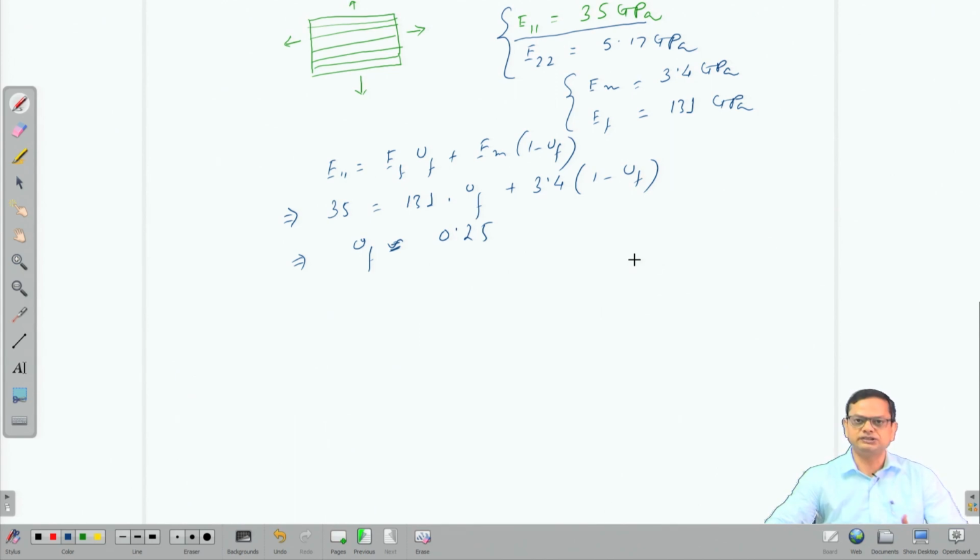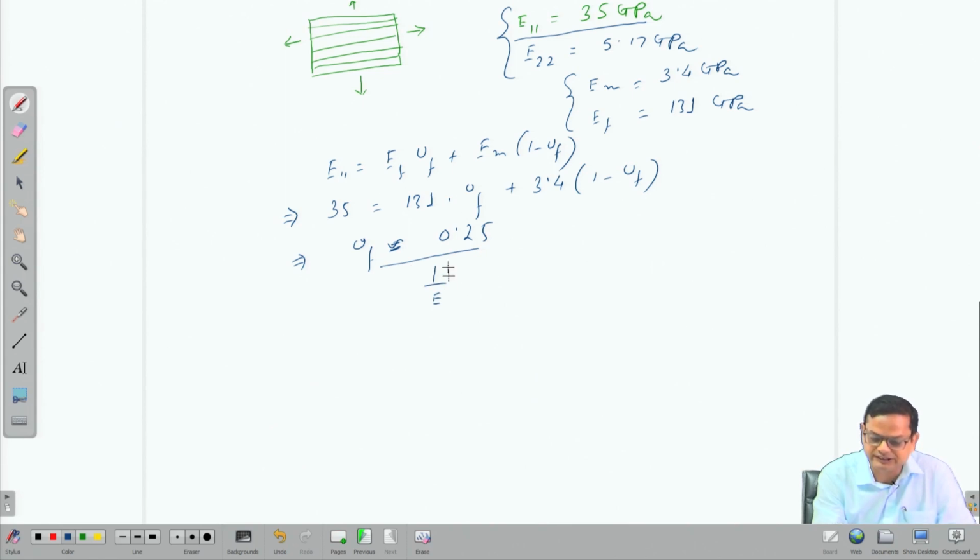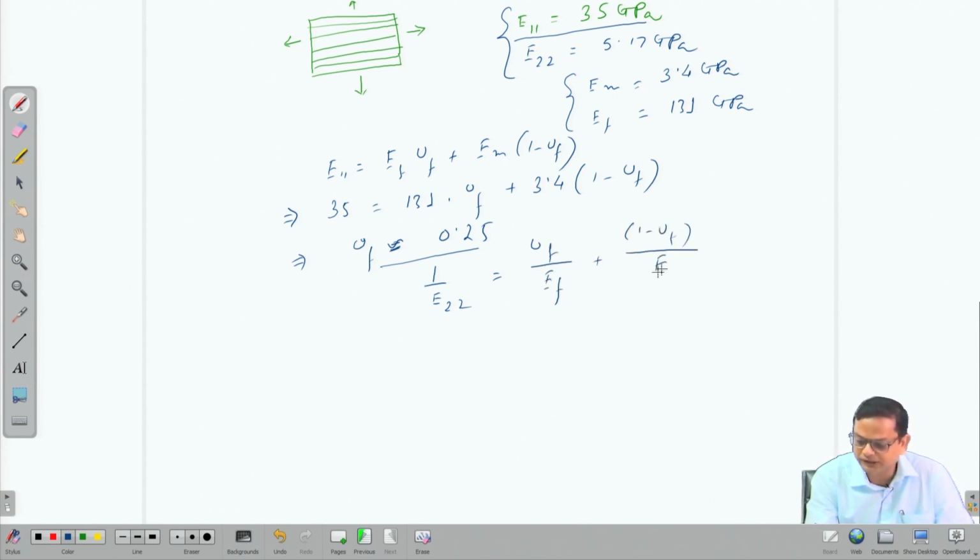Now, there are two ways you can approach the next stage. I can take Vf as 0.25 and then use 1 over Ec, or E22, equals Vf over Ef plus (1 minus Vf) over Em, which we know in the case of transverse loading.